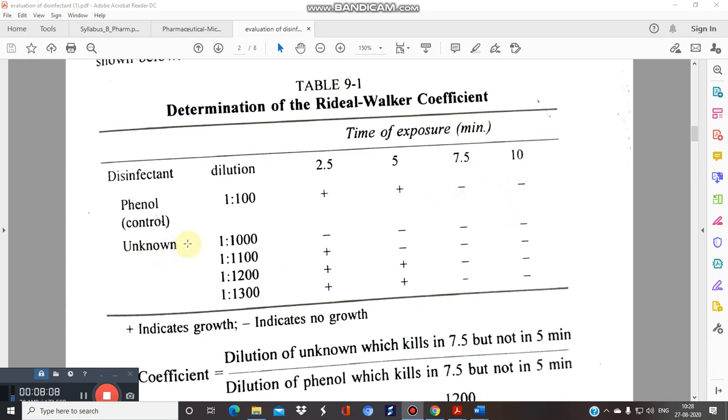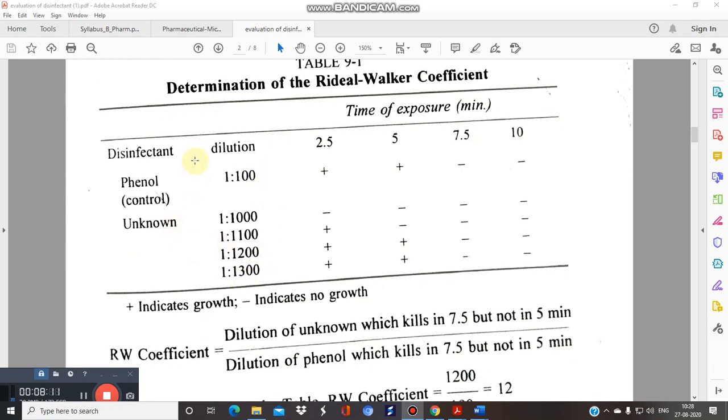Okay, same in case of your unknown sample. Just see this. When you prepare a dilution of 1:1000, what will happen? The bacteria will die at even 2.5 minute exposure time, and it indicates no growth. Whereas when you increase the dilution, which means the concentration of the disinfectant decreases, at 1:1100 the bacteria will grow at 2.5 minutes, but it will die from 5 minutes onward.